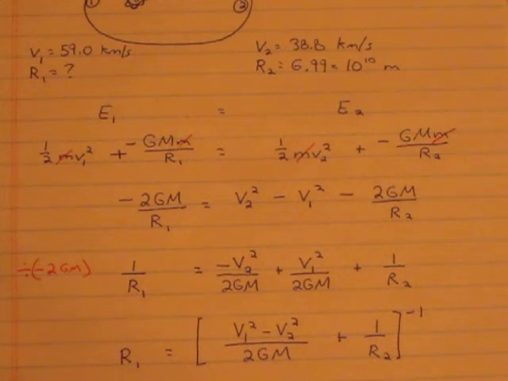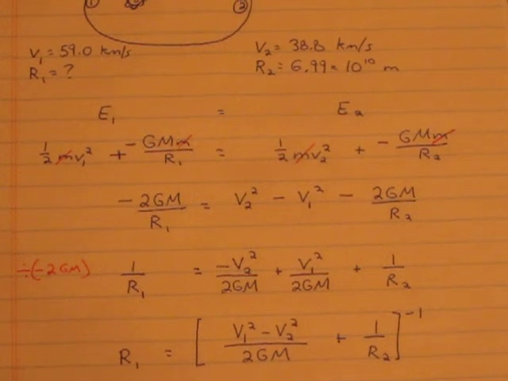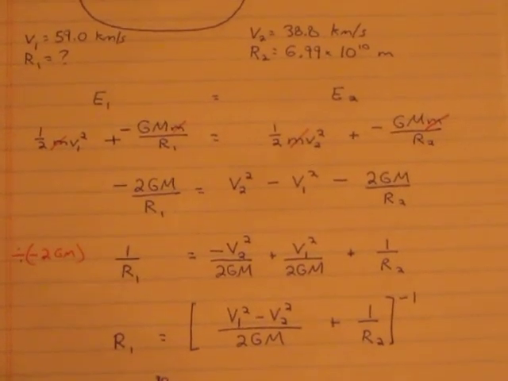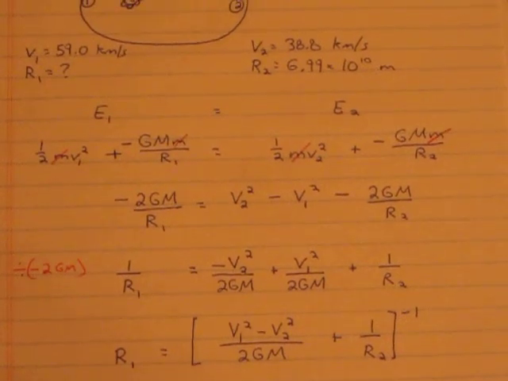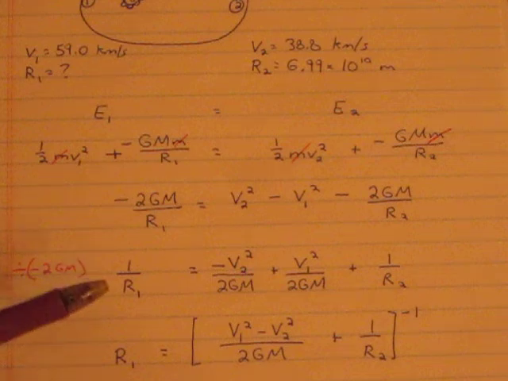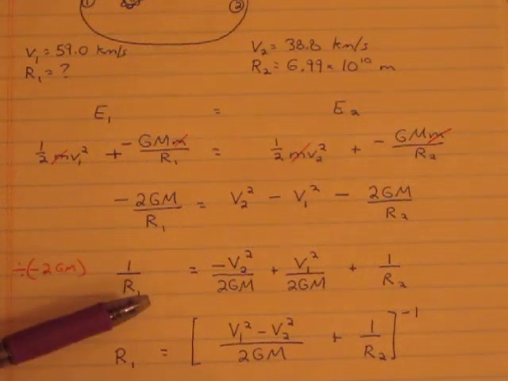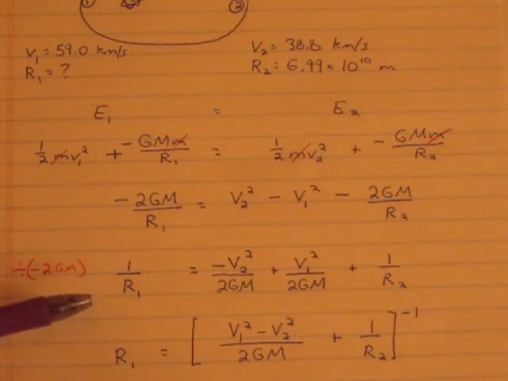Actually, I'm dividing both sides by negative 2GM. And my reason for doing that is just that it seems the quickest way for me to isolate r sub 1. And so I have negative v2 squared over 2GM plus v1 squared over 2GM plus 1 over r2.